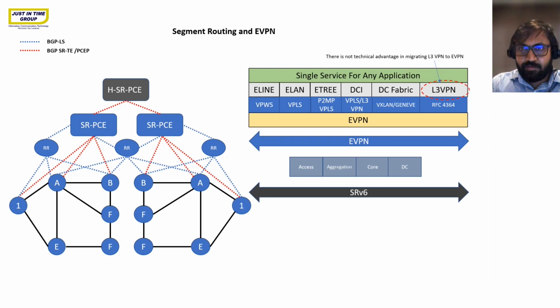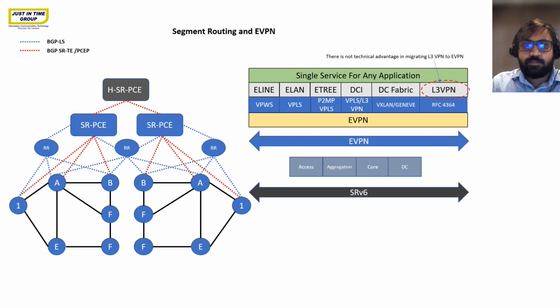It's a completely different address family that can carry multiple kinds of information, routing information or MAC level information. We can also migrate existing L3 VPN in telco infrastructure to EVPN, but it's a choice based on the operators.